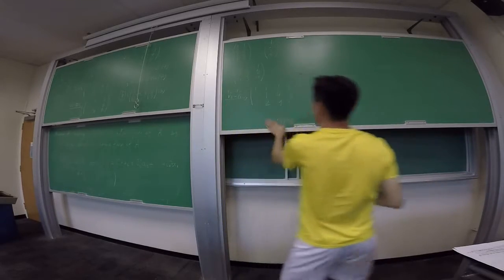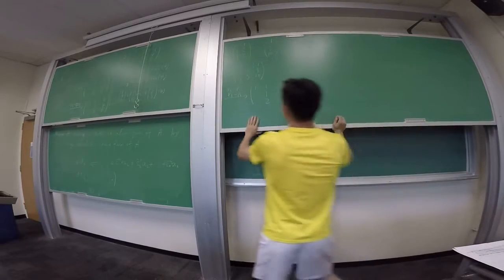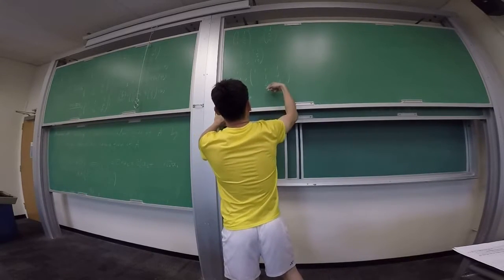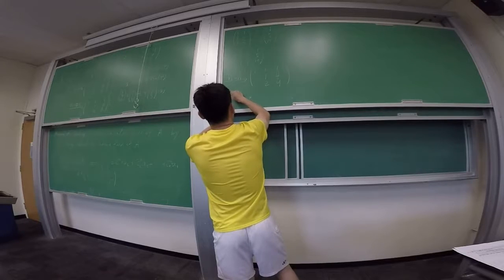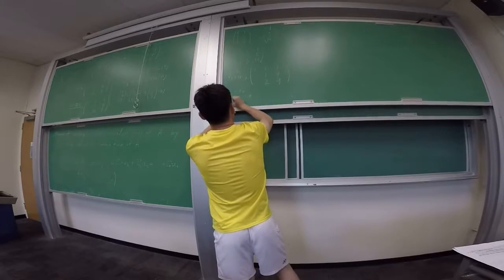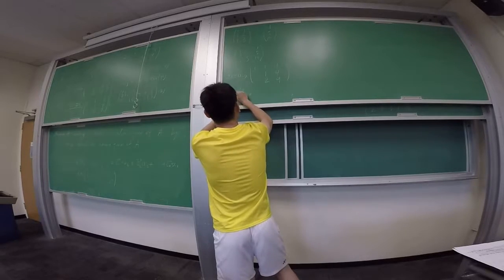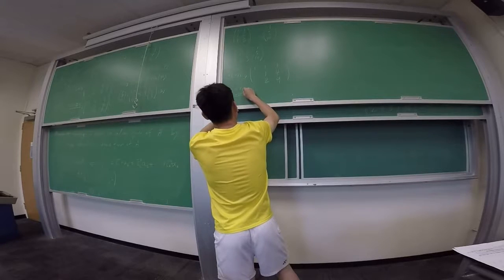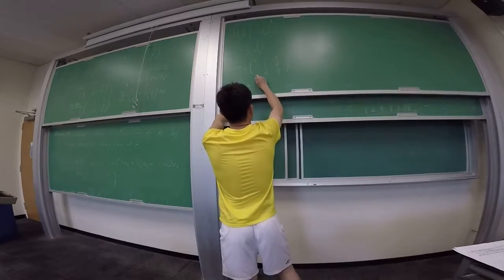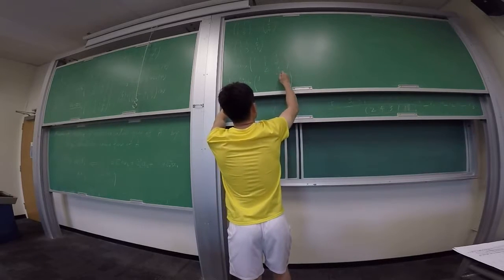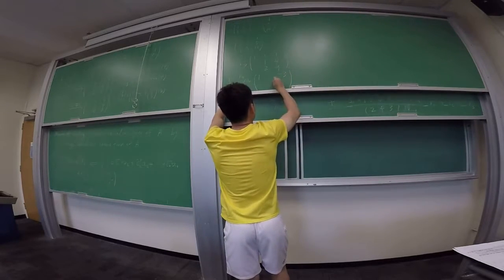What you do next is use the second row to clean up all of that: the first row minus the second row, and the third row minus 2 times the second row, right?